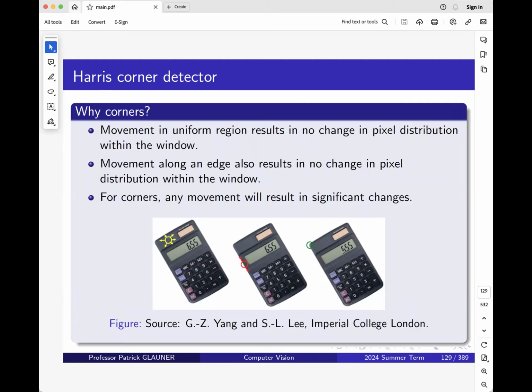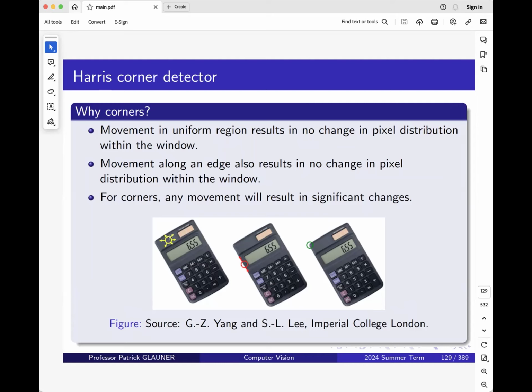I have this calculator here, and I have marked 3 example regions in here. What I want to find is corners. Corners are extremely distinctive, or they make objects distinctive in an image, and we'll look at why.